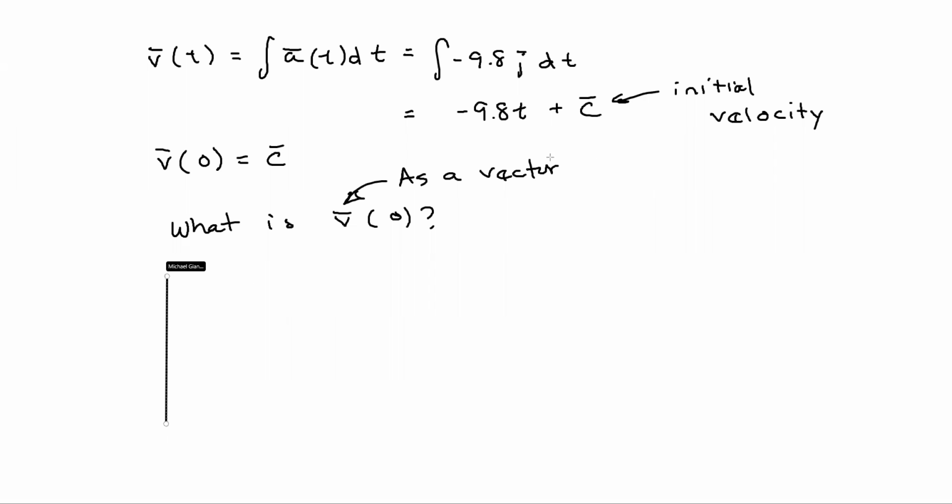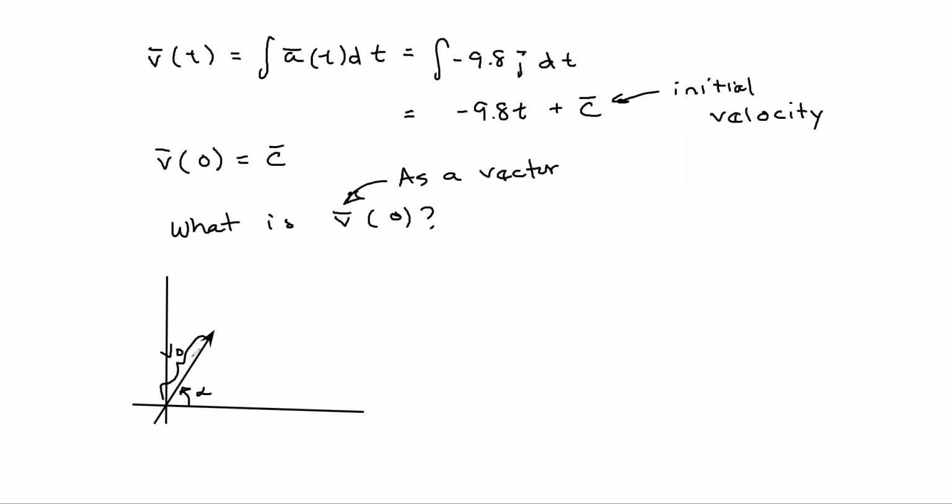If you draw a picture, you're told the projectile is fired at an angle of alpha, and the speed is v naught. Keep in mind that the speed is the length of the velocity vector. This is the velocity vector, so v naught is the length of that vector.